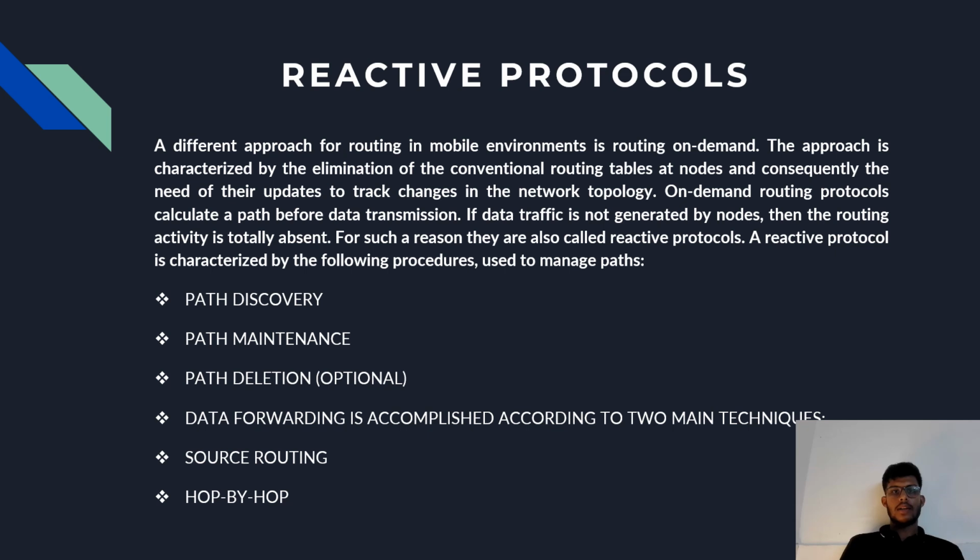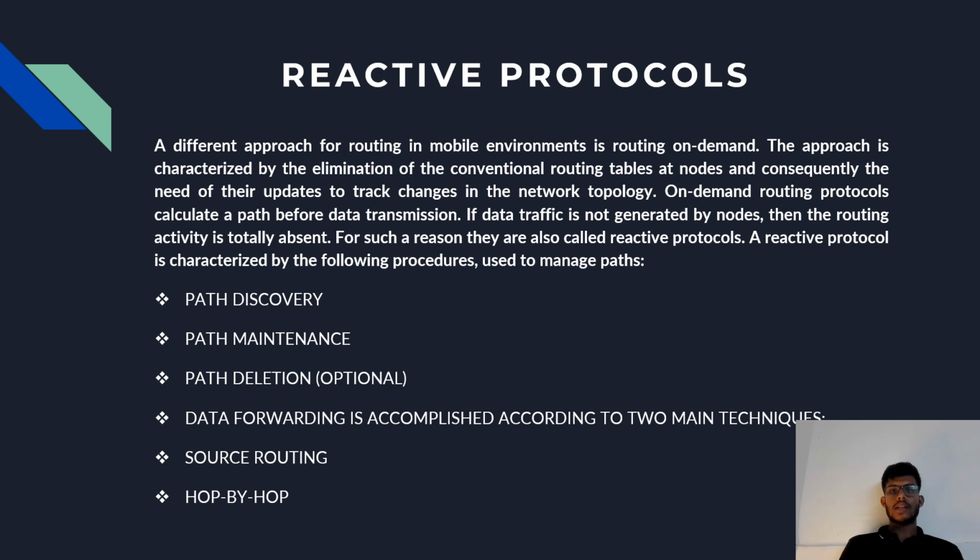Reactive protocols. A different approach for routing in mobile environments is routing on demand. The approach is characterized by the elimination of the conventional routing tables at nodes and consequently the need for their updates to track changes in the network topology. On-demand routing protocols calculate a path before data transmission. If data traffic is not generated by nodes, then the routing activity is totally absent.